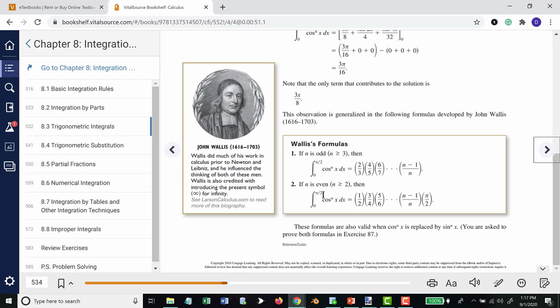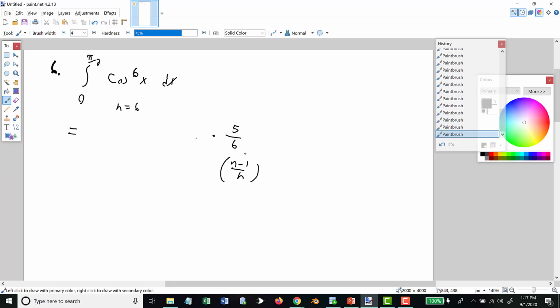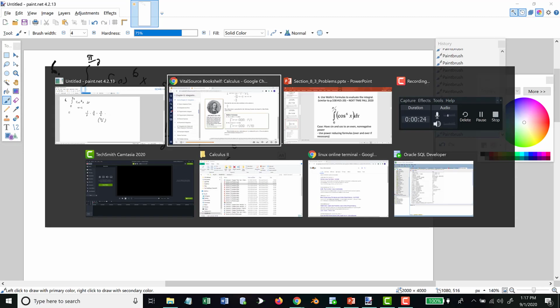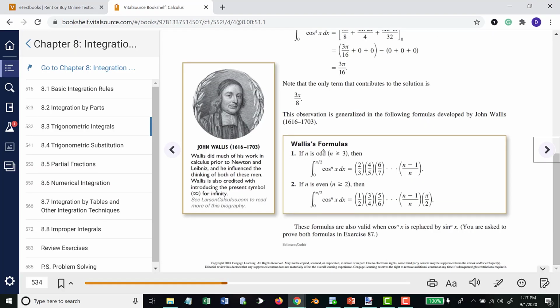Now going backwards, notice the pattern. So that's 5, 4, 3, 2, 1. It appears like I left a lot of extra space here. And then, in addition, you need the pi over 2 at the end.